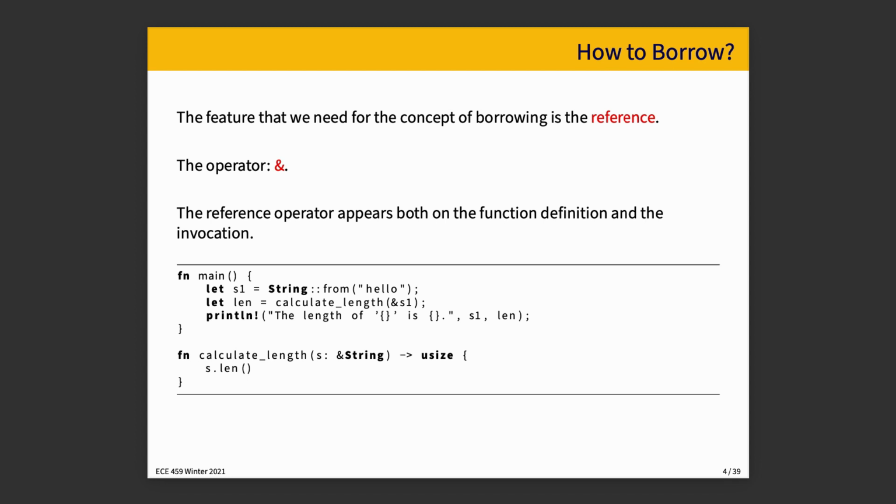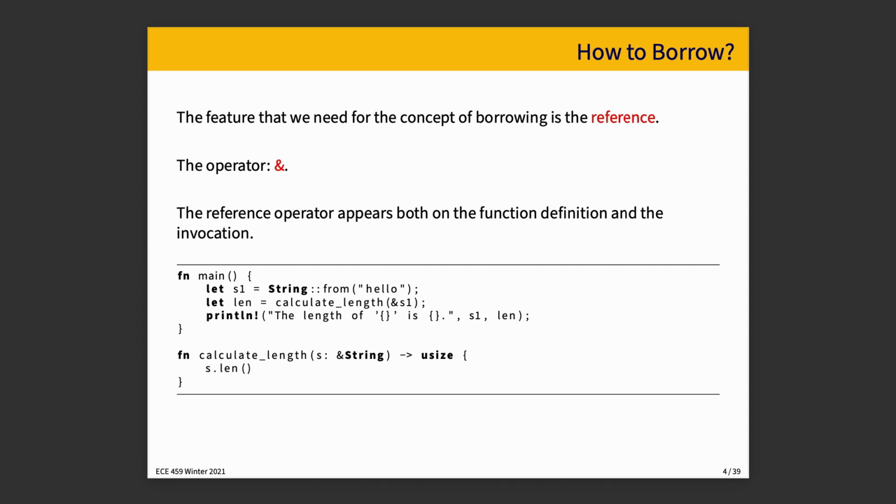So when you are defining the function, you say, I want to take as a parameter a reference, and then when you are calling that function, you also use the ampersand symbol to say, I am providing a reference. This makes sure there's no possibility of confusion as to whether a reference is expected or a reference is provided, or if instead ownership is supposed to be transferred.